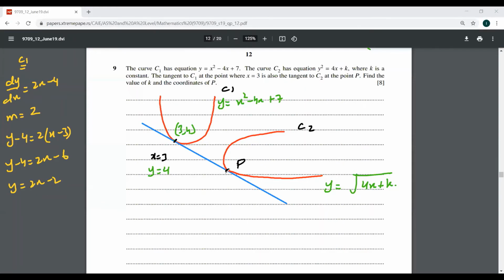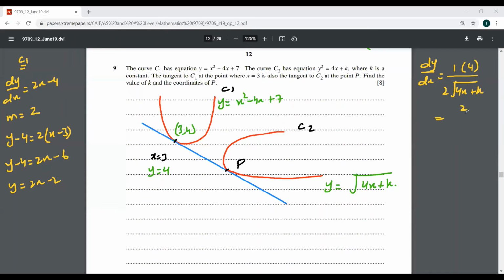And then if you differentiate this here, we have the gradient over here. So let me say this dy by dx is going to be 1 over 2 under root 4x plus k. And we have 4 here, the derivative.